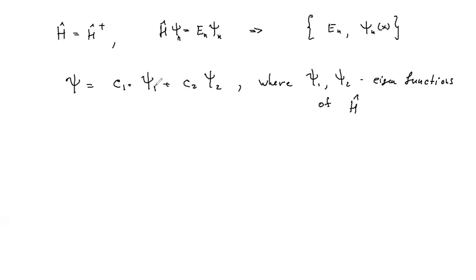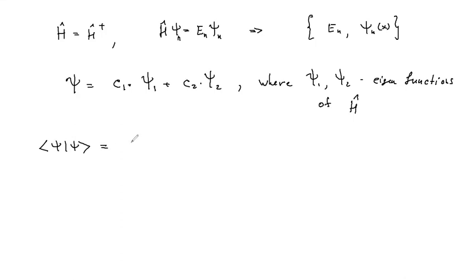Now I would like to focus on interpretation of this coefficient. How you can find the meaning of what do they mean, C1 and C2. Well, first I'm going to calculate a dot product psi and psi. So vector with itself.